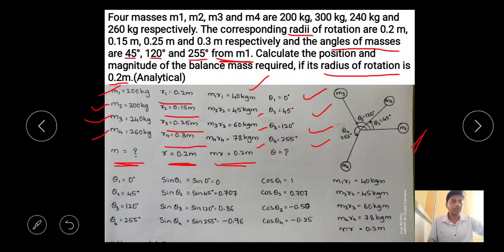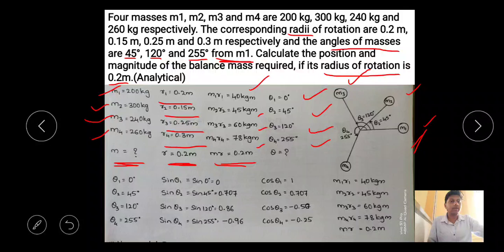So in the diagram you can see m1 is 0 degree, then m2 is 45 degree from m1, m3 is 120 degree, and m4 is 255 degree from mass 1.